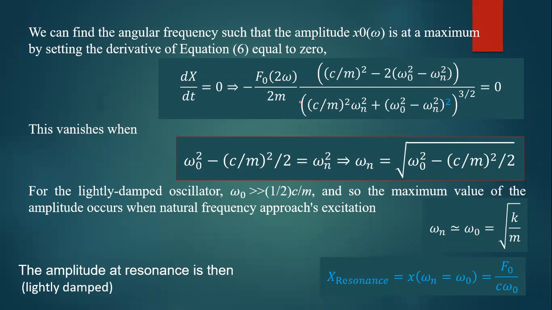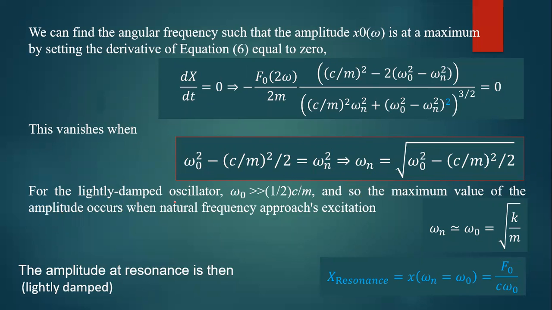So how can we see those things? To find the maximum, we set the derivative dX/dω equal to 0, and we can find those vanishing points. From this, we get ω² equals ω0² minus (c over m) squared over 2.